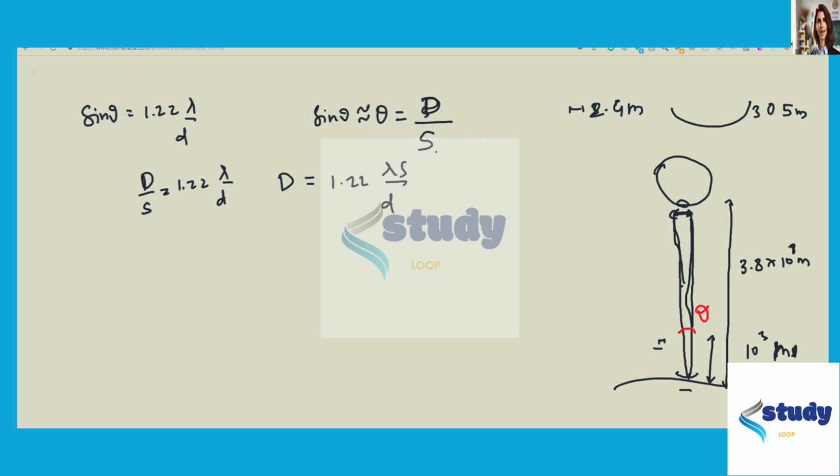So we simply substitute this for both cases, for Hubble and Arecibo. Now, for Hubble, remember that we want the best resolution, which is the smallest resolution.